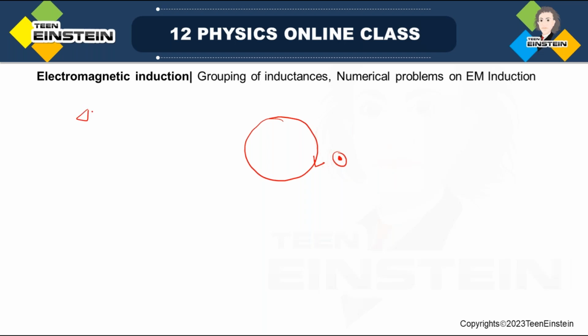So what is delta L? We know dL by dt is equal to torque, so from there we can write delta L as tau into delta t.